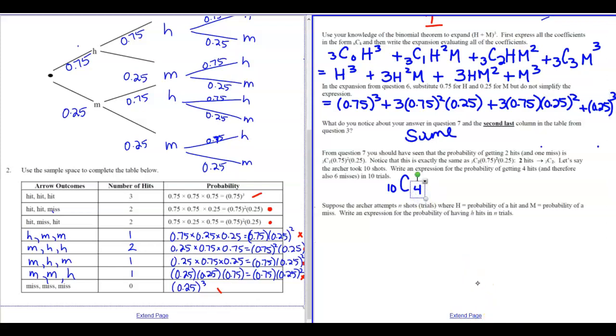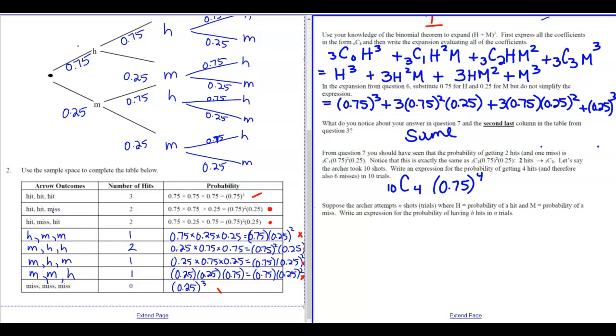Okay, so then the probability of a hit is 0.75, all right? And that's going to be the 4. Okay, you got 4 hits. You have to have 0.75 to be exponent of 4 in that expression.